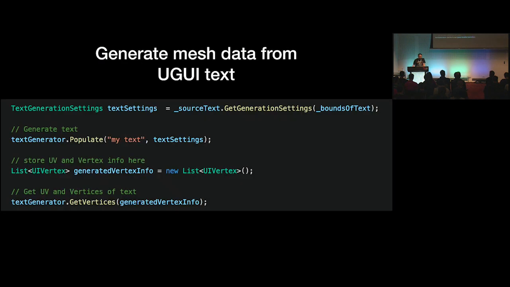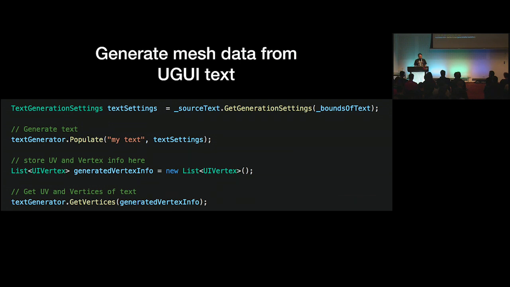Here is some sample code. I'm not sure if it will compile, so don't try to do it. You can grab some source text, like a standard GUI text, and you can get something called generation settings. This is all the styling of the font. Then you create a new TextGenerator object, and you call Populate with whatever text you want along with those settings.